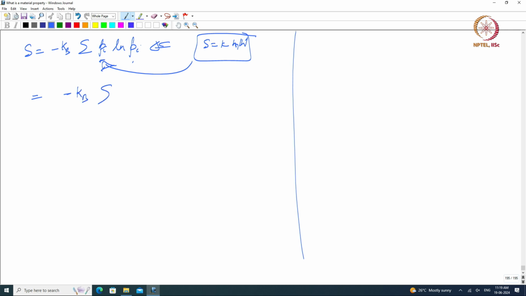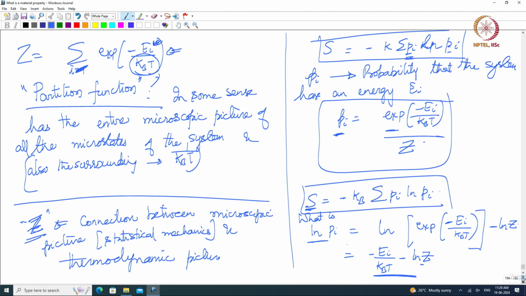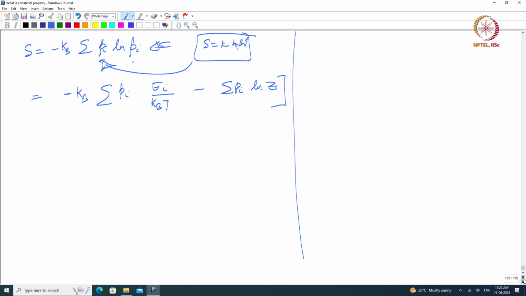I have an expression for ln pi. Ln pi is nothing but ei by kBT, okay, minus, again there is a sigma pi ln Z. Okay, so if there is a minus here, there will be a plus here, right.